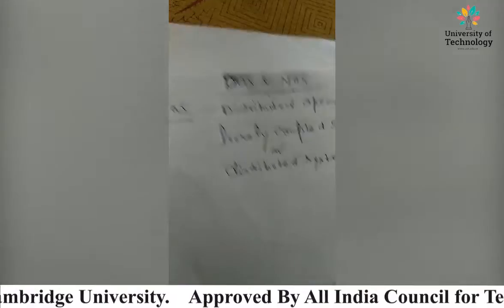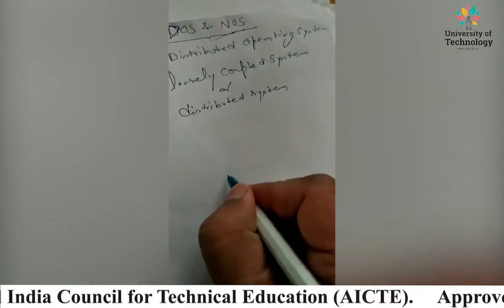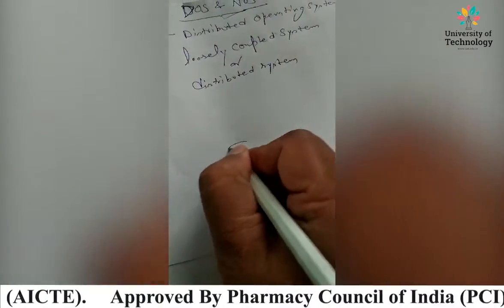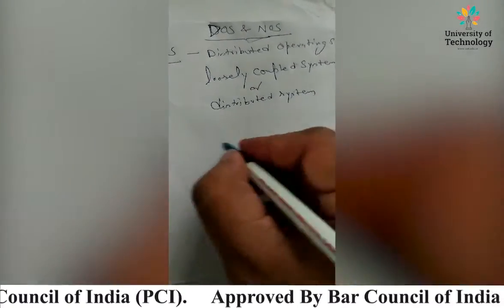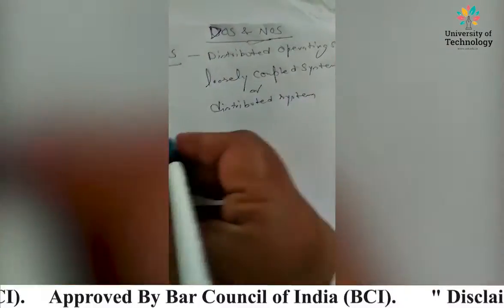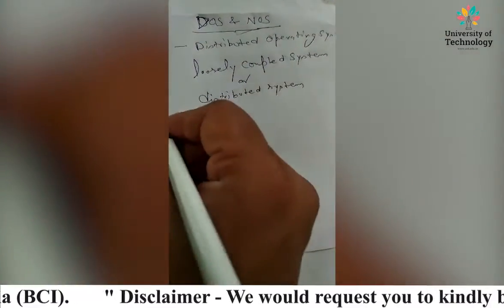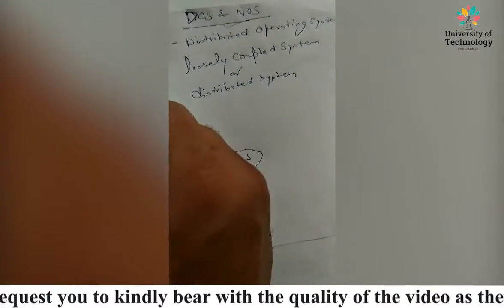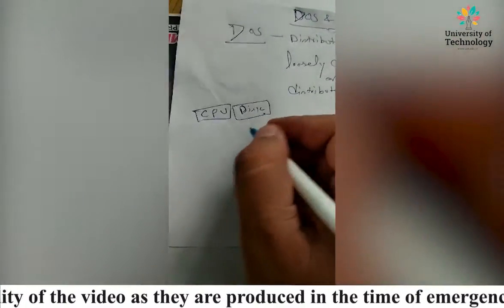Let's see, suppose that this is the operating system. Here we have CPU, disk, and memory.